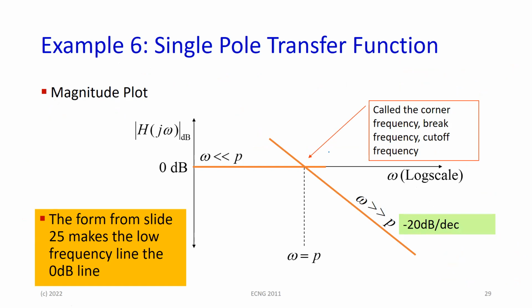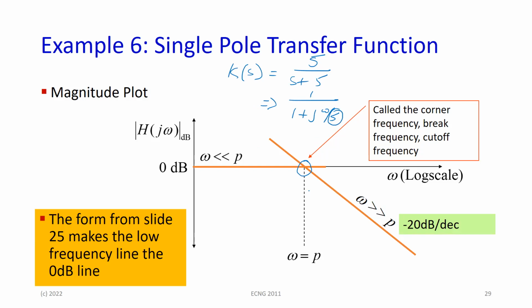That point omega equal to P is what they call the corner frequency or the cutoff or the break frequency for the transfer function. So anytime you see a transfer function, like if I were to give you K of S is equal to 5 over S plus 5, when you find the frequency response, it's going to be 1 over 1 plus j omega over 5.